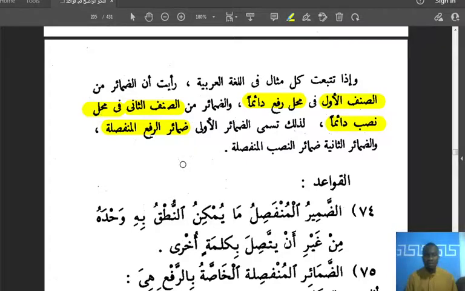So we call them ضمائر الرفع المنفصلة. You keep the name. And the second category, the iyaya, iyaka, iyakum, iyaki, iyana kind of pronouns, are also called ضمائر النصب المنفصلة because they always come in the position of nasb.